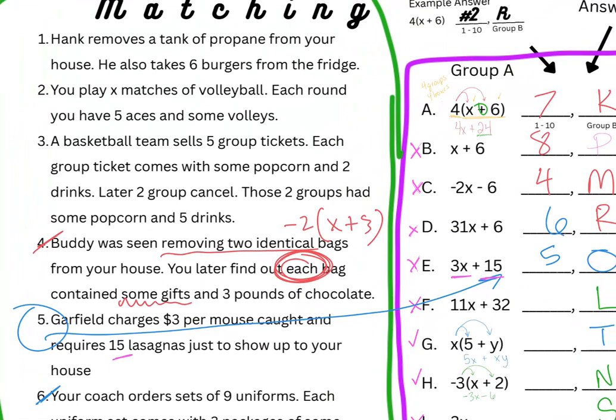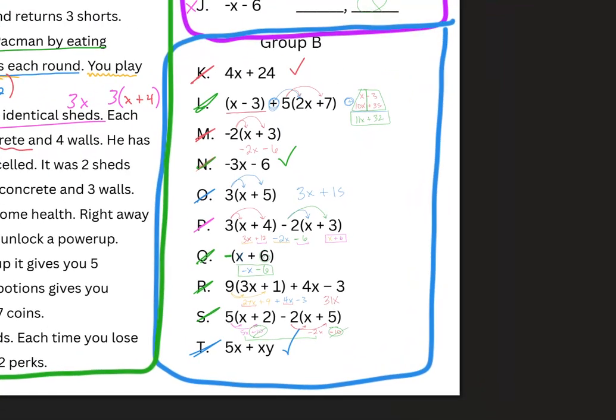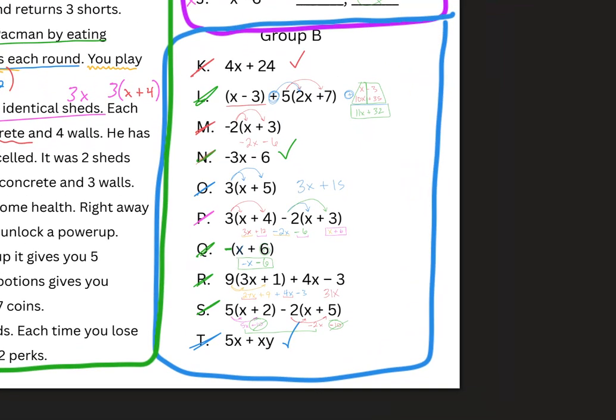So, a basketball team sells 5 group tickets. Each group ticket comes with some popcorn and 2 drinks. Hang on, that's not exactly what we have, right? So, since we're reading that one, let's find another 5 group problem. How about down here? 5 group tickets comes with some popcorn and 2 drinks.